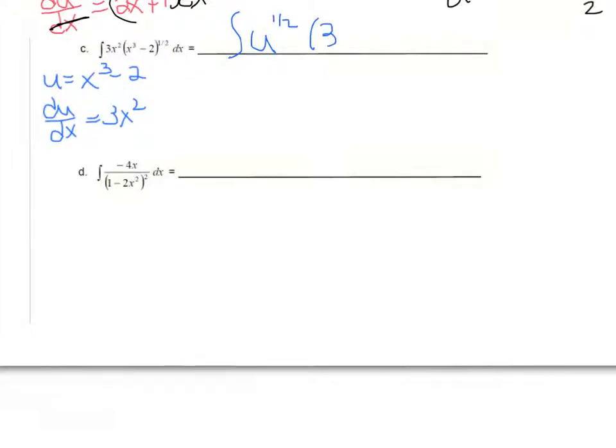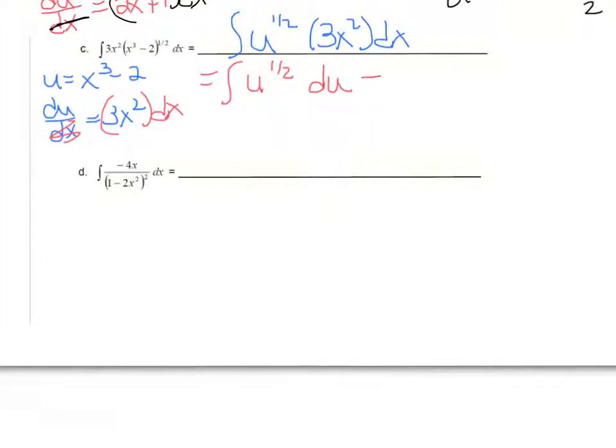Then I'm left with 3x squared dx. I can multiply the dx to this side, and now I match the remaining part of my integrand. I can substitute again, and I can replace the 3x squared dx with du here.